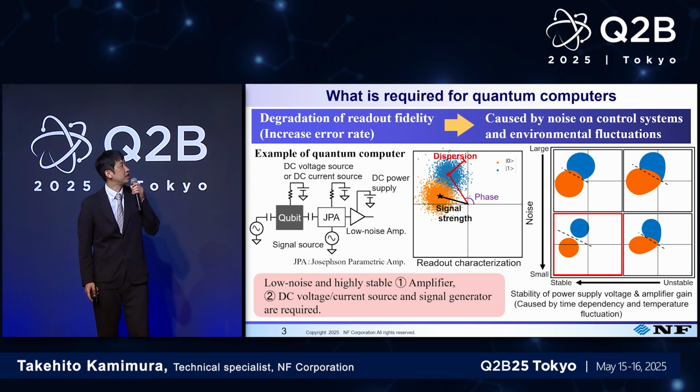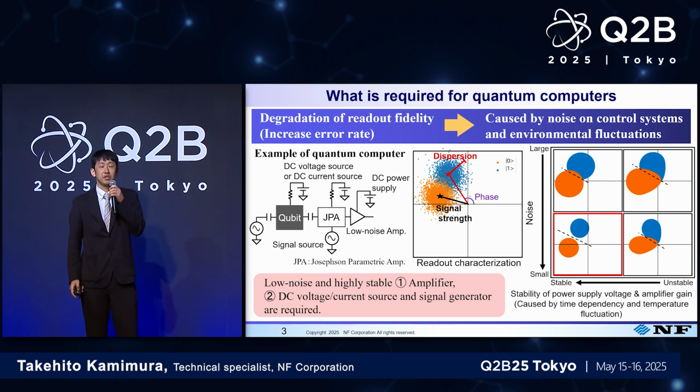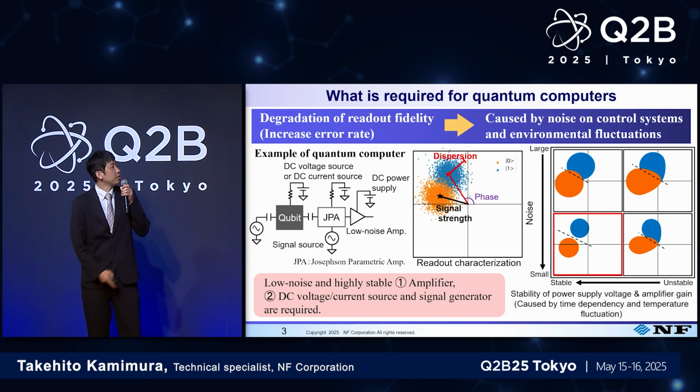If you look at the middle, this is one example of the readout characteristics. Orange shows 0, and the blue shows 1. The 0 and also the 1 are overlapping, it is not ideal.